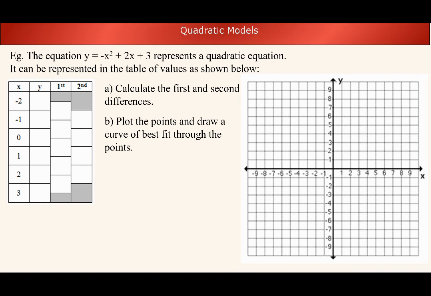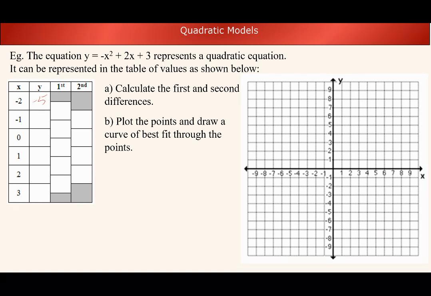So I've got to go negative 2 squared plus 2 times negative 2 plus 3. And that gives me a negative 5 for my first value.